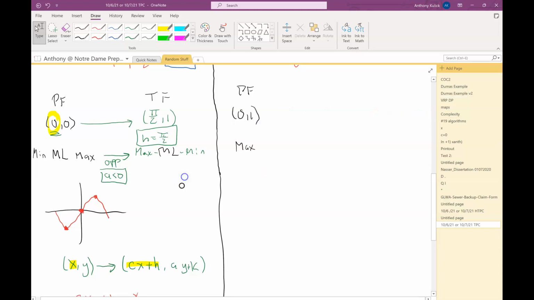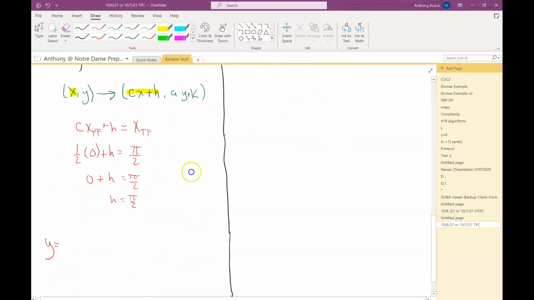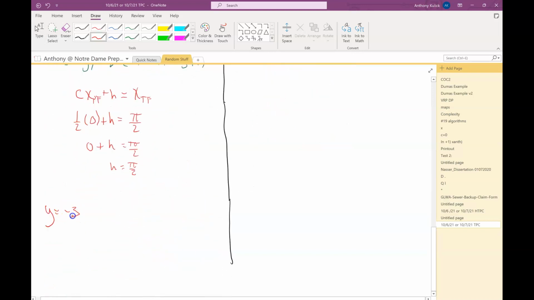My a was negative 3. My c was 1/2, so 1 over c is going to be the reciprocal. That's just 2. I have x minus h, plus k.